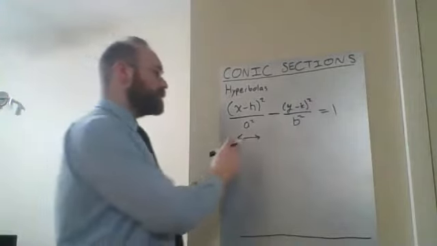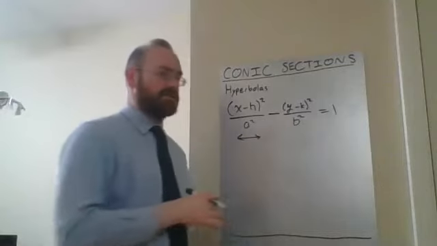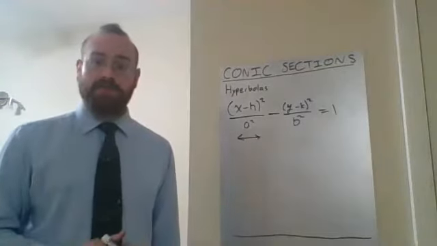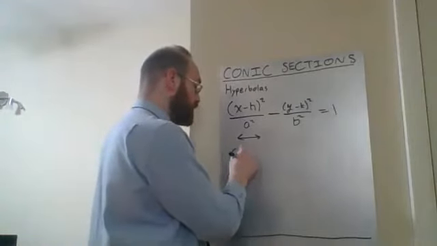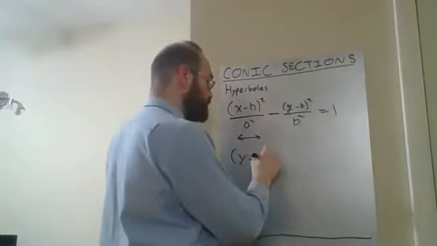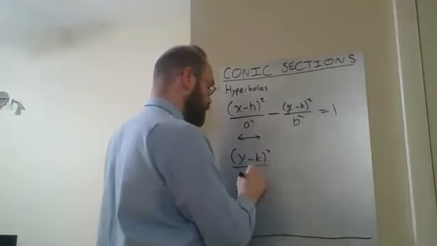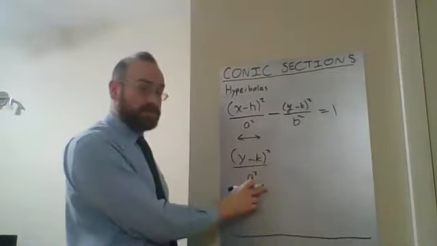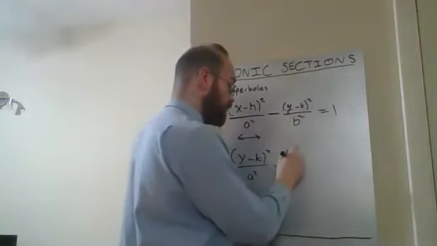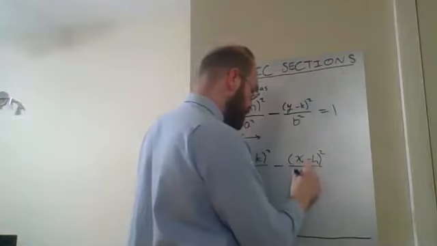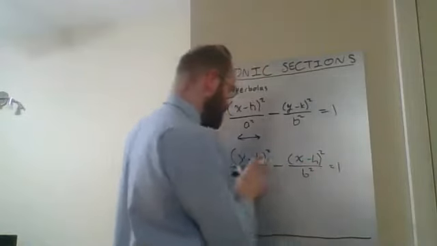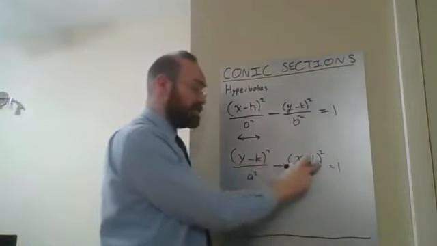So if you thought perhaps we need to switch A and B, like we did for an ellipse, that's not powerful enough. What we need to do is switch our x's and y's. Because our first term is still going to be a squared. And note that it's still y minus k and x minus h.